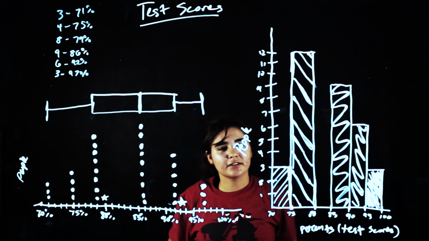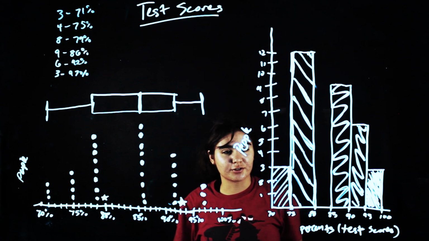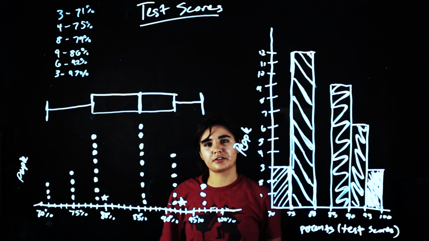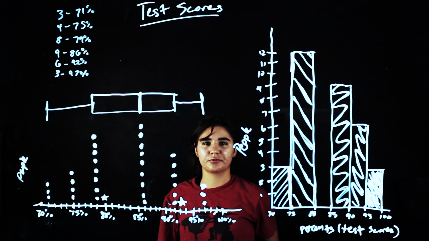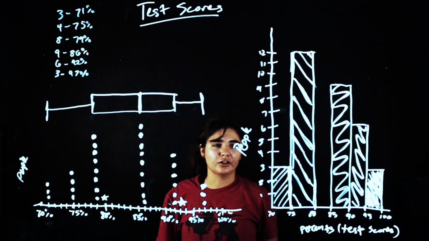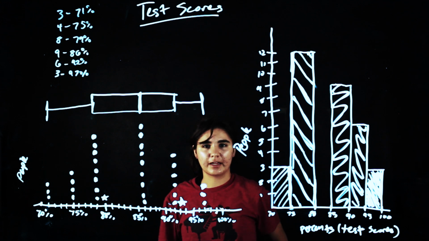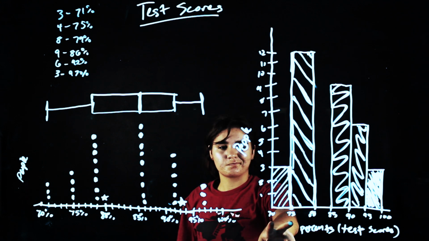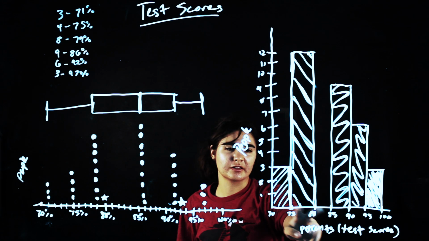So this graph right here is really good at telling us the ranges in which people score, or the ranges in which people fall. And the way that this graph looks is all dependent upon the spacing between the x-axis here.